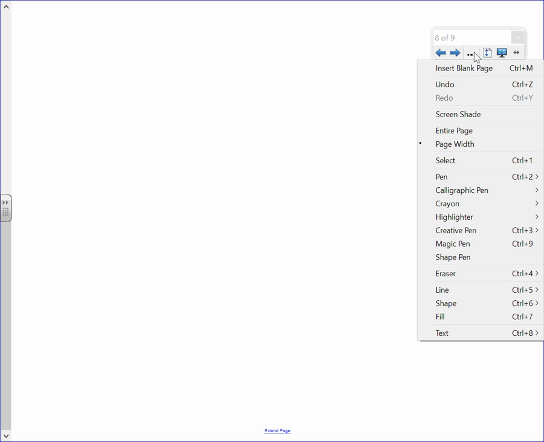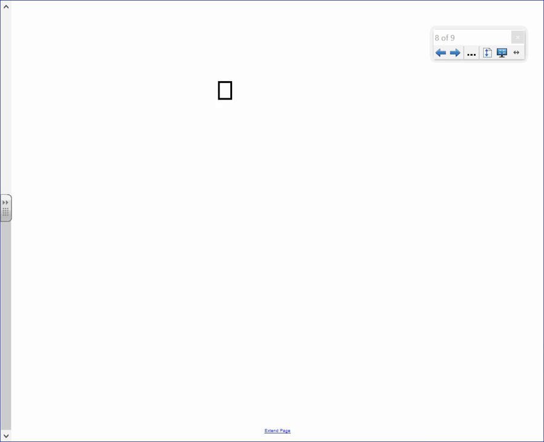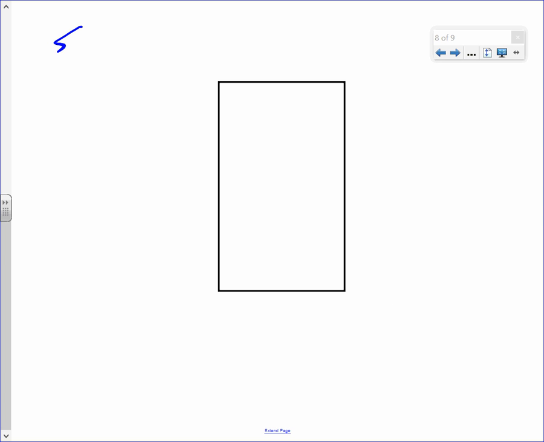Let me go enter a shape here. Where are the shapes? Here we are. Let me draw a rectangle for me. Example 1. Find perimeter and area.